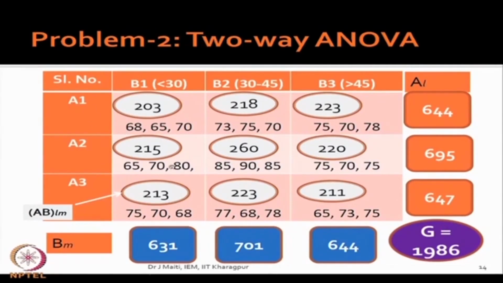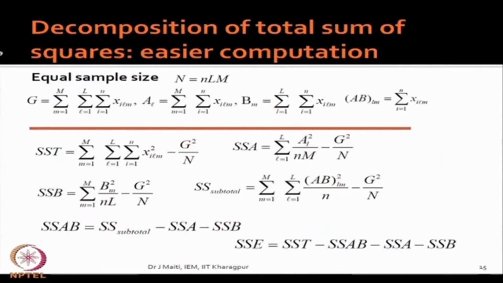So, we will not use the word contingency table, we will say this is our data set. Now, you are calculating four things initially: across rows the total, across columns the total, across cells the total, and then the grand total. These will be used to compute SST, SSA, SSB, all those things. This is our computational formulas from the equal sample size point of view.